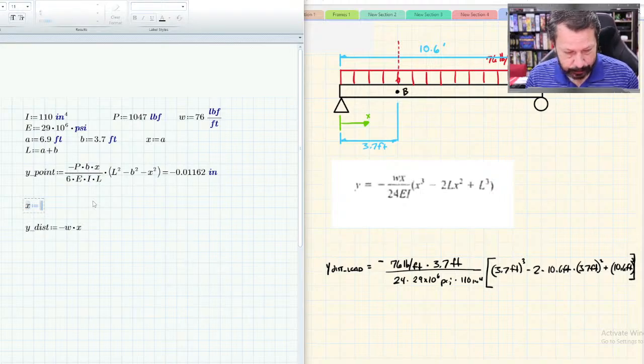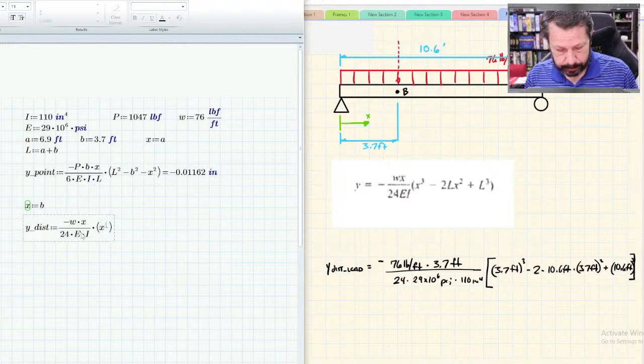In this one, X equals B. Over 24 times E times I times all of that times X cubed minus 2 times L times X squared, all of that, plus L cubed.